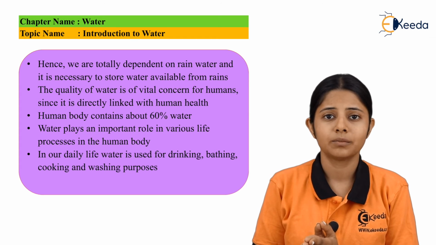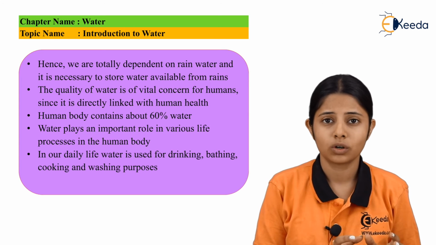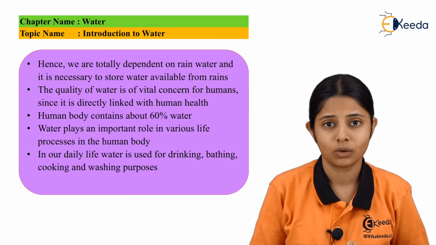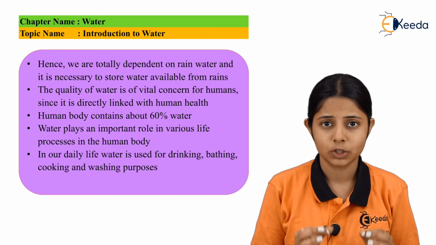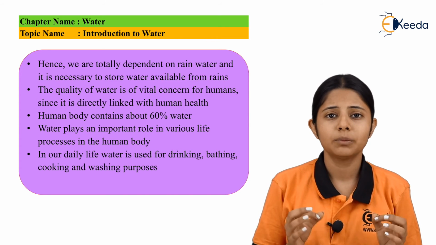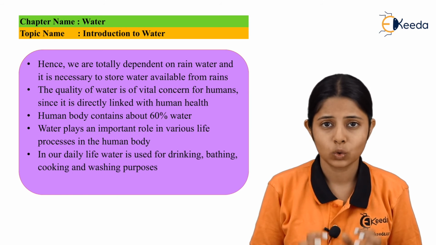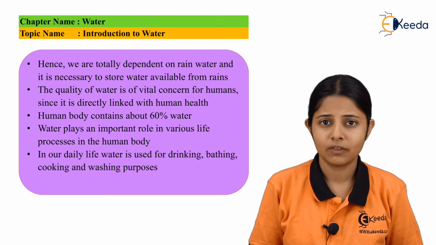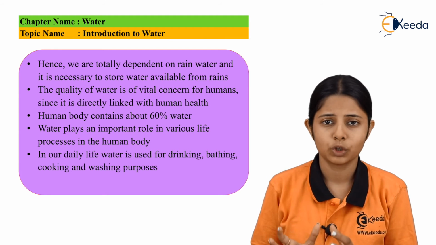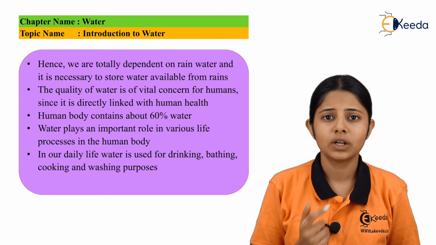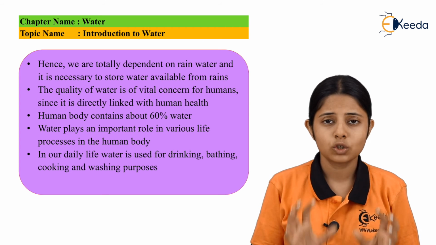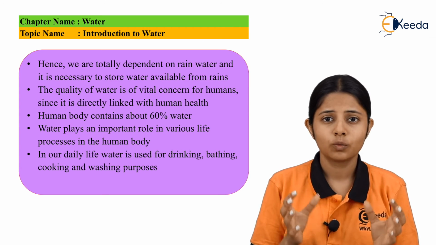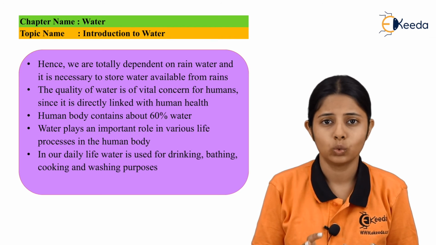Apart from the living system, there are many places where we need water and where living systems are not involved. For example, machines. For each and every machine, water was used as a coolant before. Now we have other types of coolants. For example, we have air conditioners which help in cooling computer machines, etc. But before that, we used to store water at certain parts to make sure that the machine stayed cool.